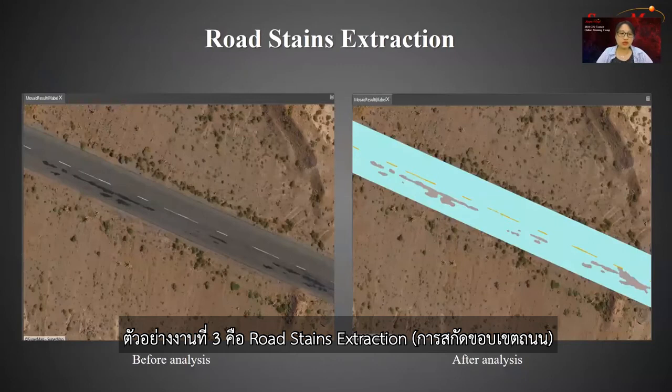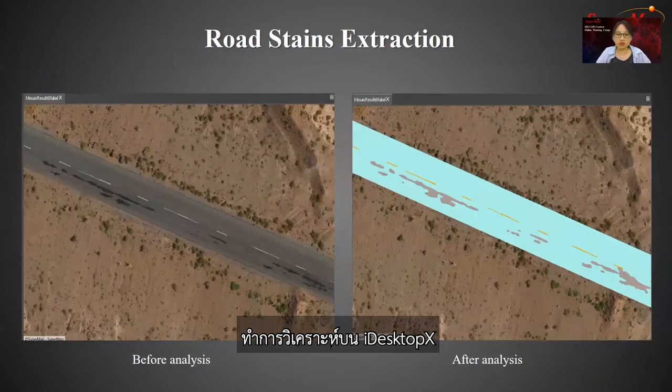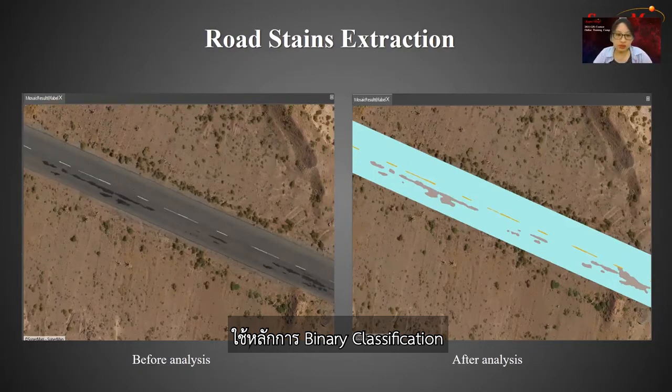And the third work is about road stains extraction. This work was finished by Supermap at desktop X, and it also used binary classification to get the result.